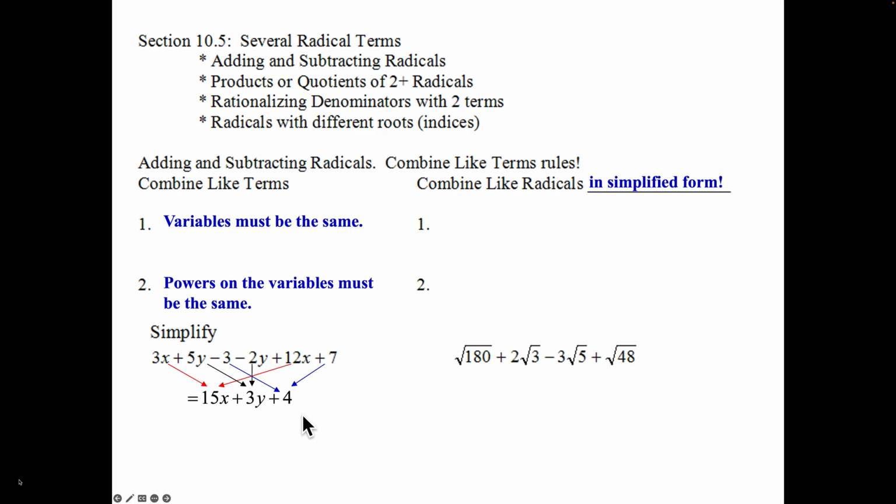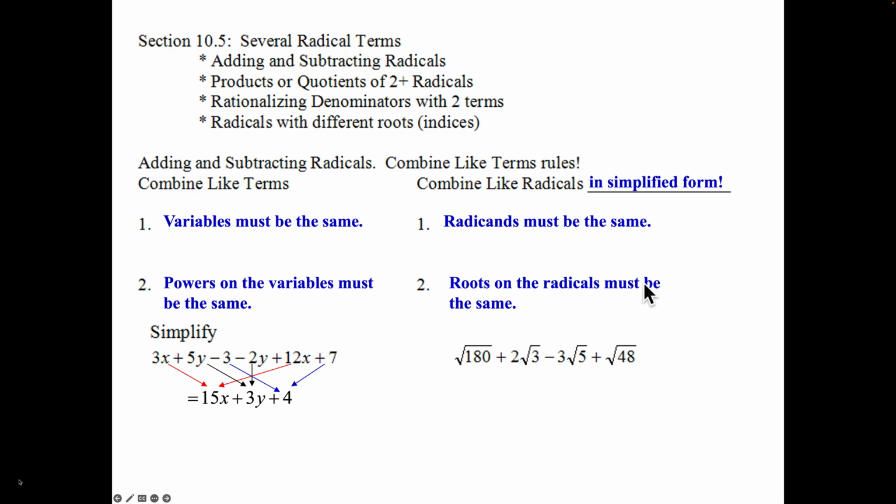There's my new polynomial. Now, transferring this thought to like radicals, the variables must be the same. That means the radicand must be the same. Whatever's inside the radical symbol has to be the same, whether it's got a number, a variable, or a combination of both. Now, what power am I talking about in my radical? That's the root.